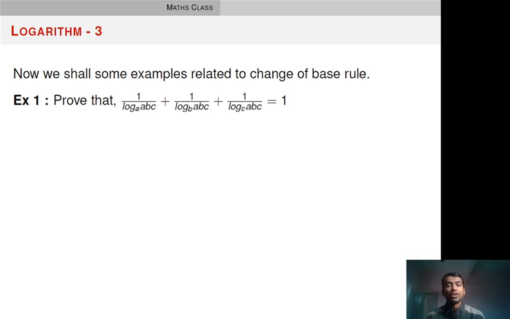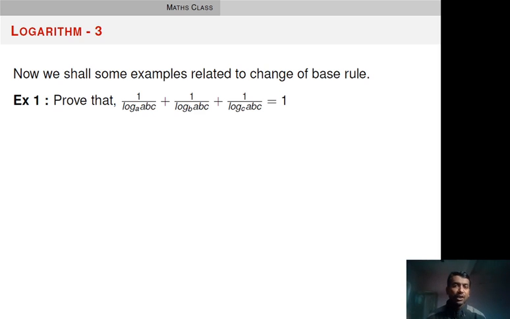The answer is, always remember, whenever you are given any example, look at the base of the log functions. Here the base of log is a, here it is b, and here it is c. It is different for different terms. So whenever the base of the log function is different, definitely you have to use the change of base formula.